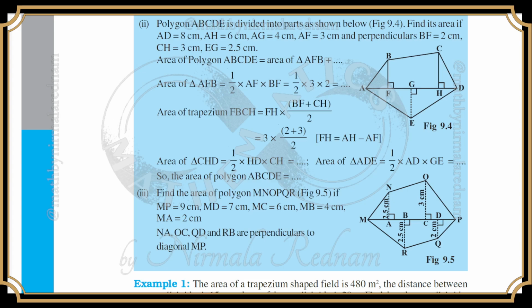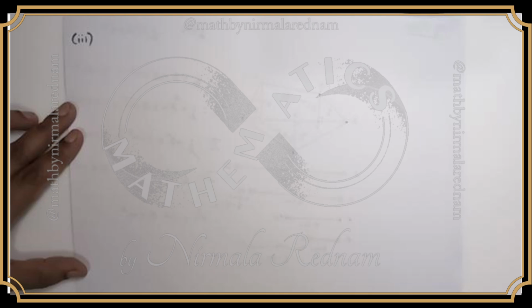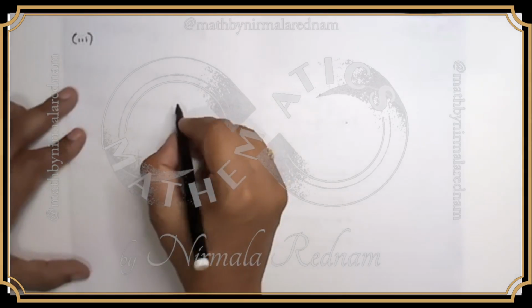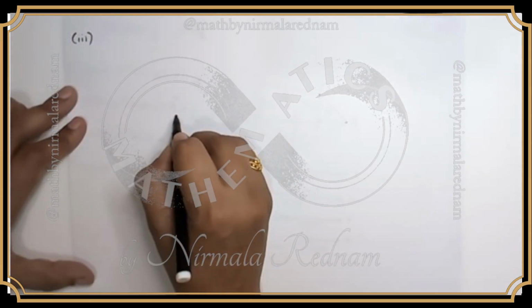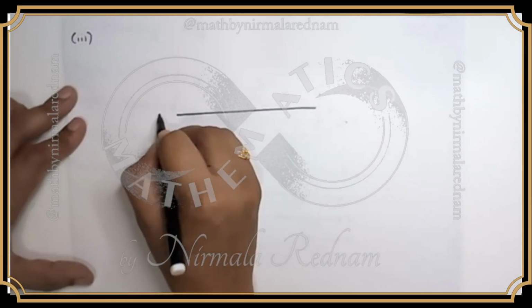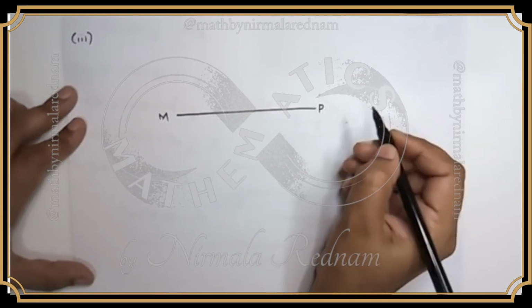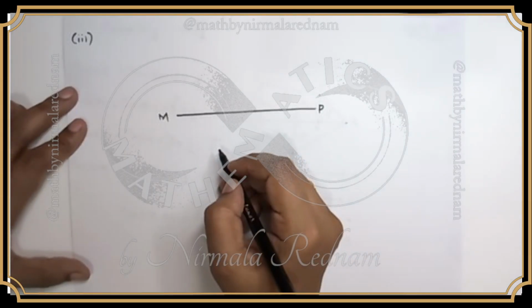I have 6 sides here and they have given this particular diagonal MP and also the heights of the perpendiculars dropped from the remaining 4 vertices. So let's draw the figure first and then figure out how to find the area of this particular polygon, hexagon. So first I'll draw the diagonal MP, right?